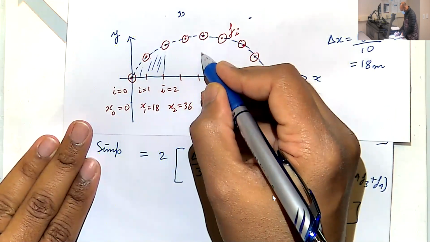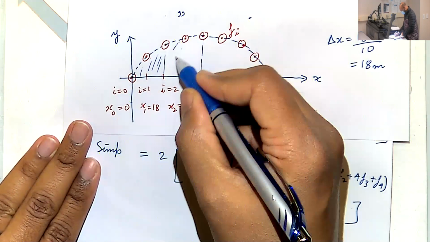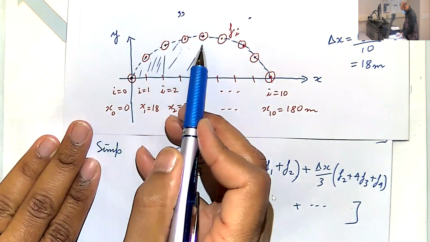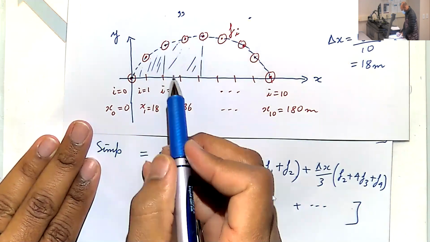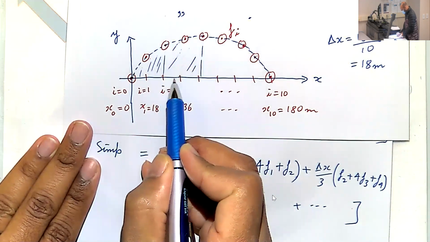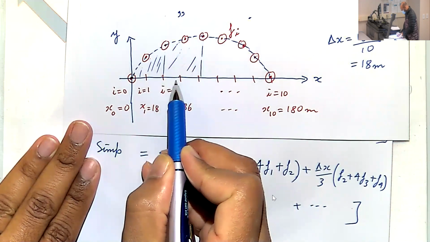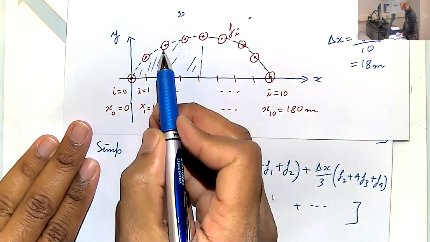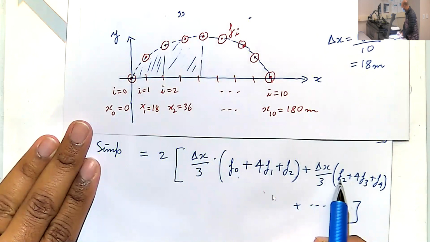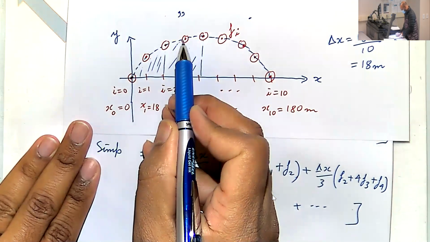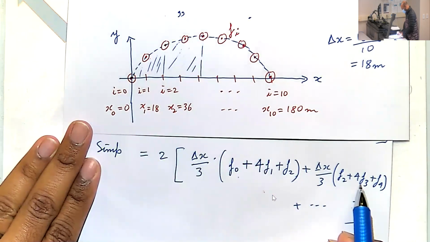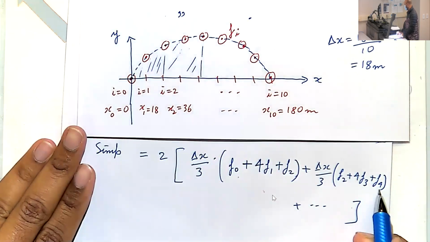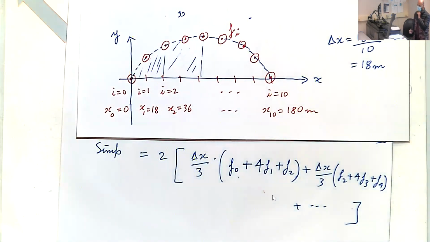So we move on to this guy. For this new subsection, again, h is the same as before. It's delta x over 3. The first point is f2, which is why I wrote f2 here. The second point is f3, which is why we have 4 times f3. The third point is f4, which is why we have f4. Is that okay?